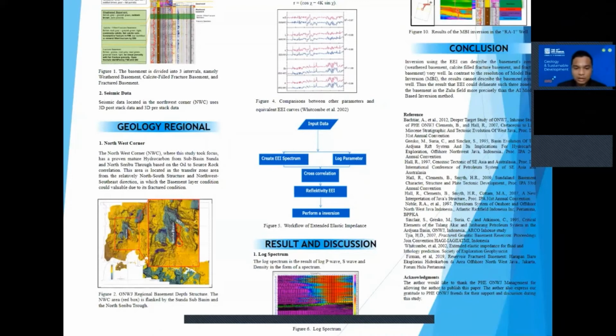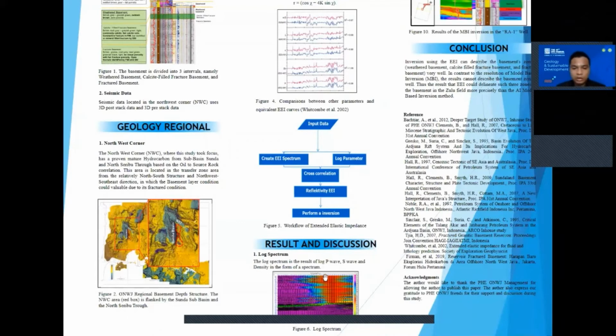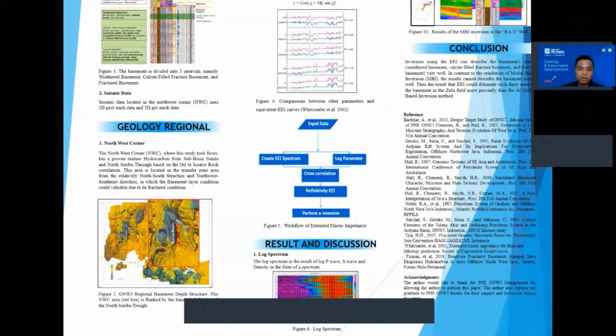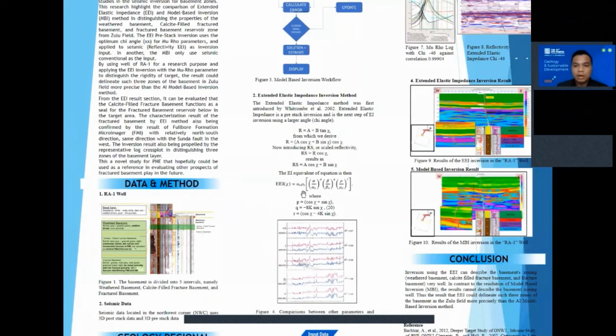Next, results and discussion. This is the first result of extended elastic impedance, the log spectrum or extended elastic spectrum. As we can see, the log spectrum is in the form of log P wave, S wave, and also density. The next step is correlation.